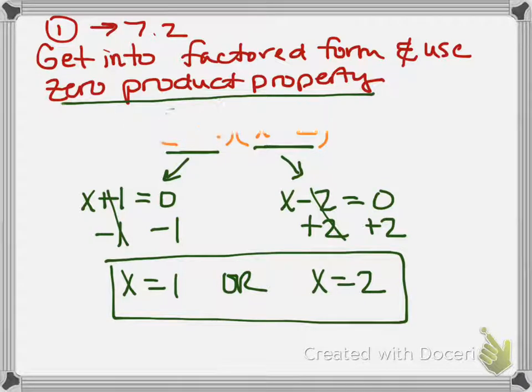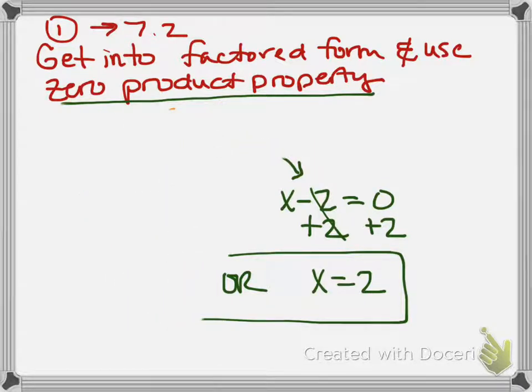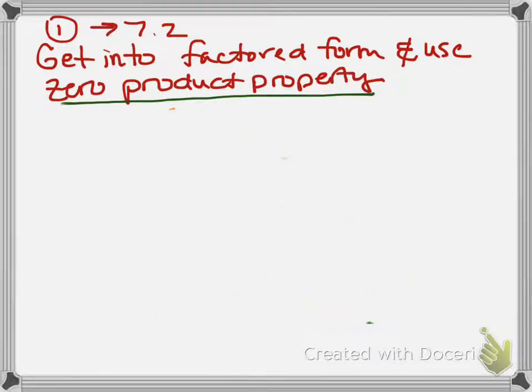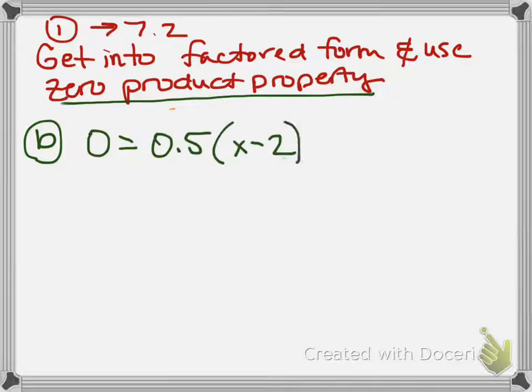Okay, let's look at 1b. We have 0 equals 0.5 times x minus 2 times x plus 3. So here we have three things being multiplied, 1, 2, 3.